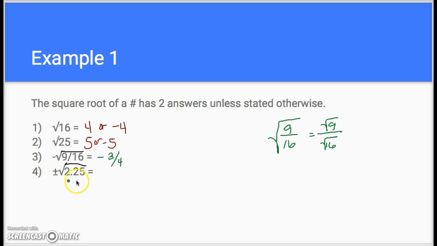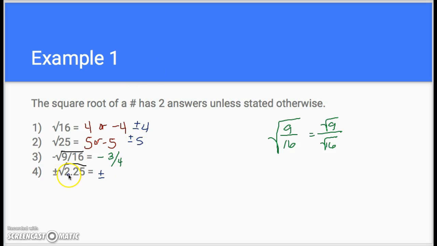All right, on number 4, we have a different kind of symbol that shows up. You have a plus and a minus sign underneath that. That's called plus or minus, and that's automatically going to go into your answer. That just means that the answer could be positive or negative. So with these up above, we could have said plus or minus 4, plus or minus 5, meaning it could be positive or negative.